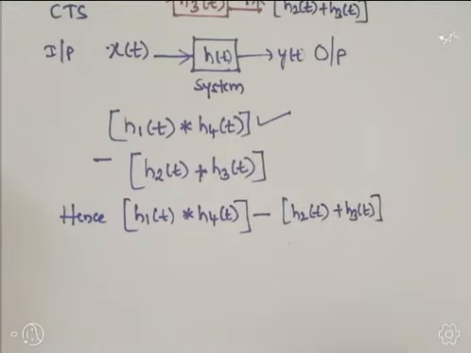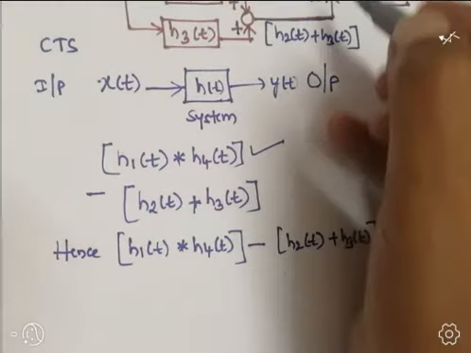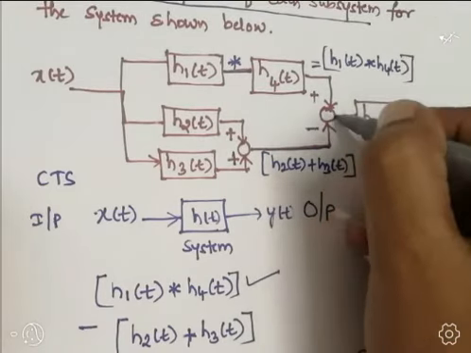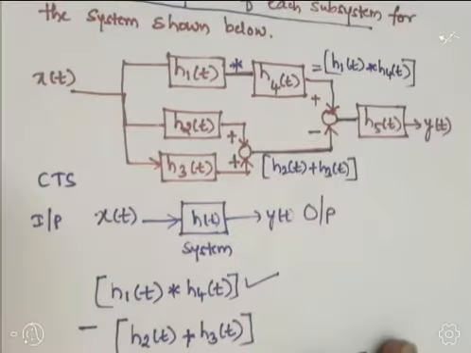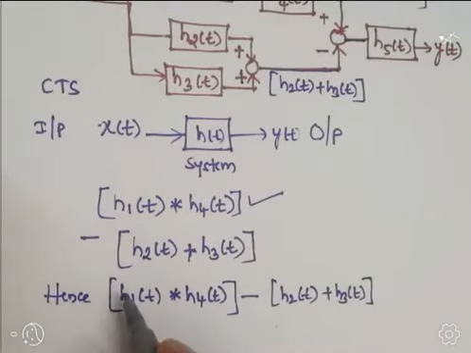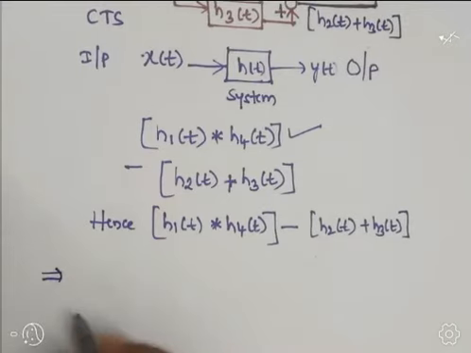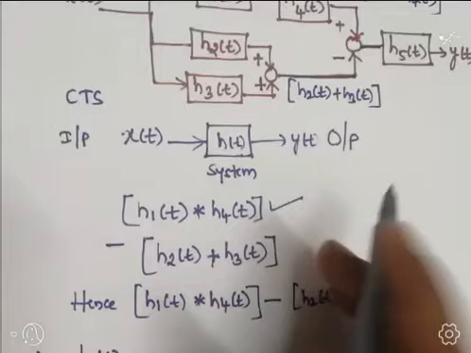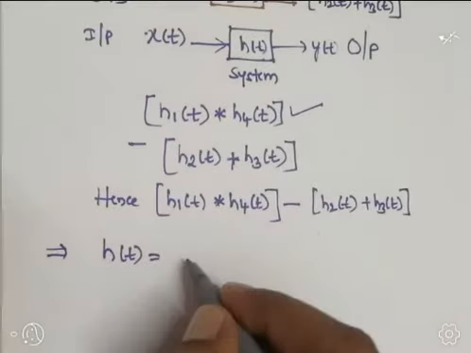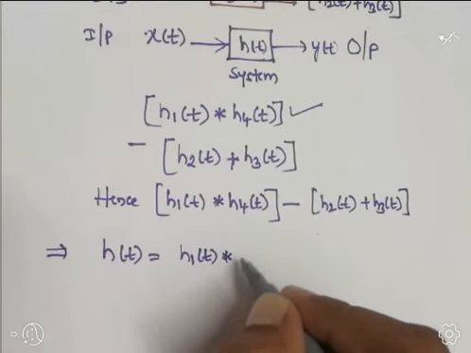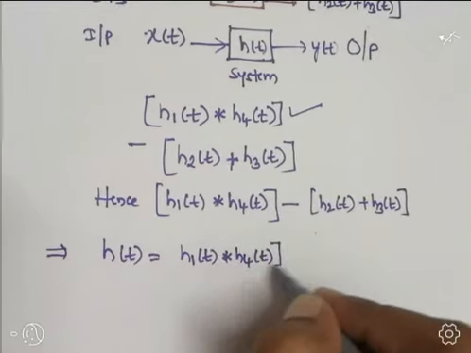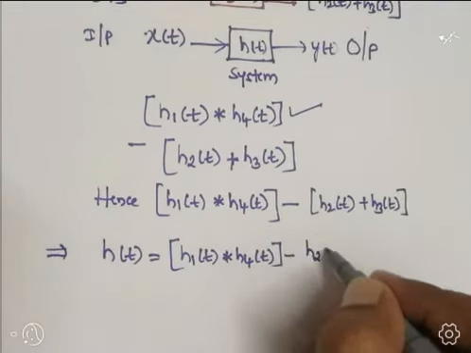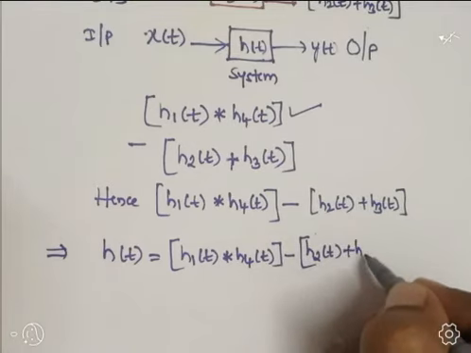Is it clear now? Up to here we simplified, and this result is connected with h5 of t. Hence in the last step, h of t, which as I told is the impulse response of the system, equals h1 of t convolution with h4 of t, subtracted with h2 of t plus h3 of t.